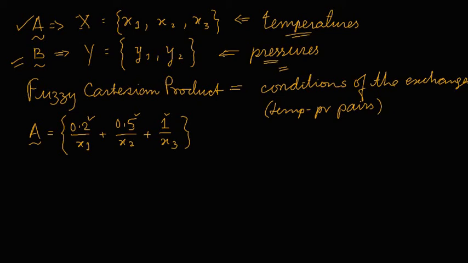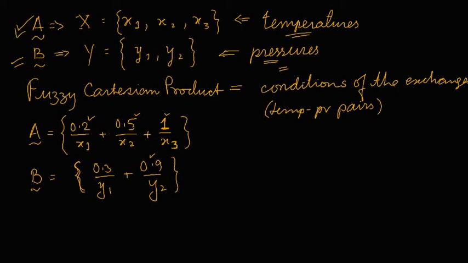So x3 has membership value 1 as far as ambient temperature is concerned, and B is a fuzzy set such that y1 is not so optimum, but y2 is more optimum because its membership value is 0.9.